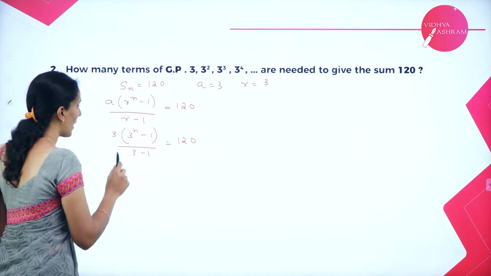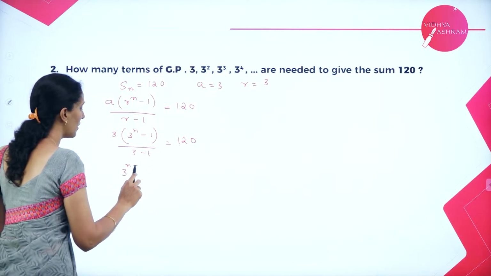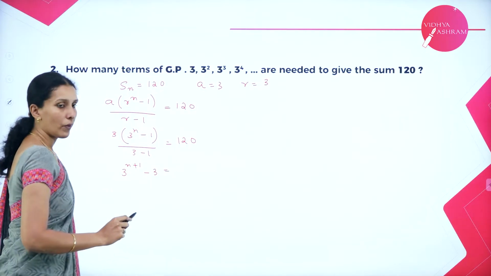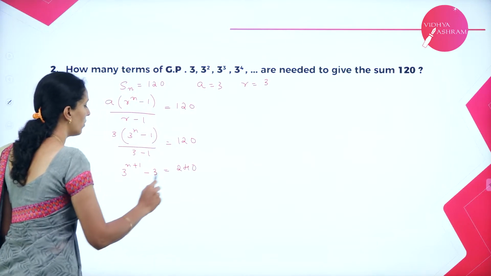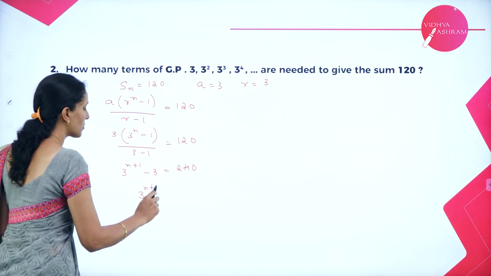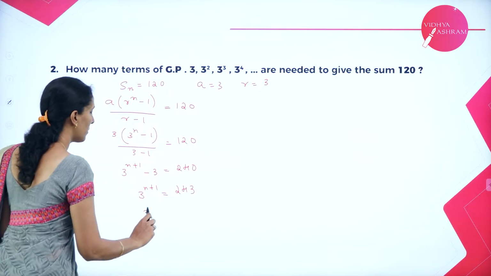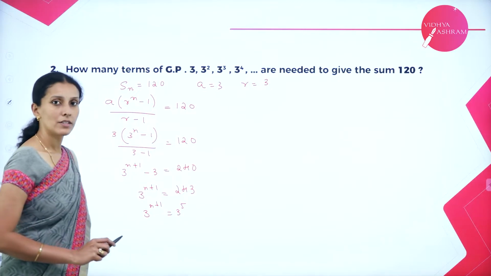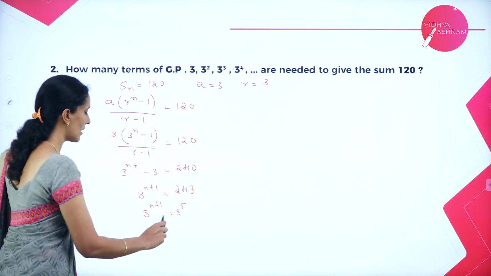So cross multiplying, when you multiply, this becomes 3 to the power n plus 1 minus 3 is equal to 120 into 2, which becomes 240. So 3 to the power n plus 1 is equal to 243. Now 3 to the power n plus 1 is equal to 3 to the power 5, because 243 can be expressed in terms of powers of 3 as 3 power 5.